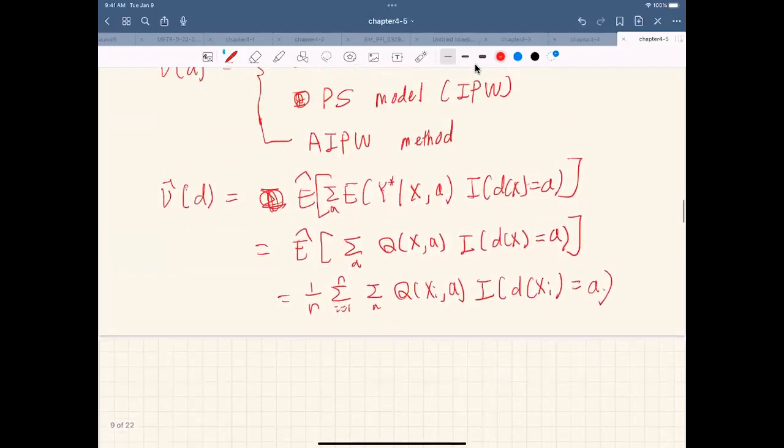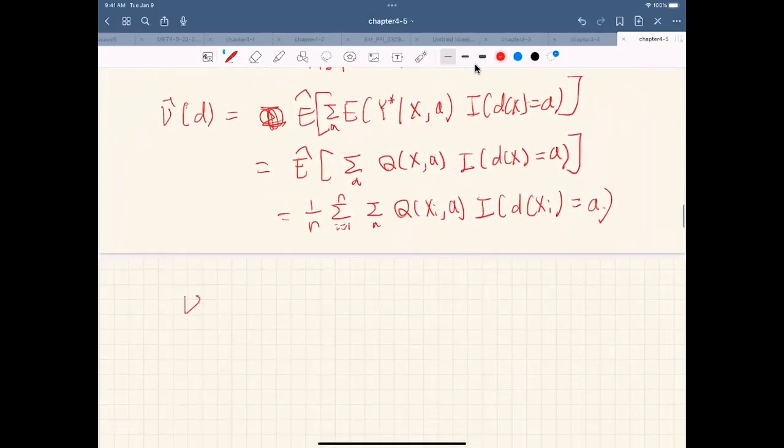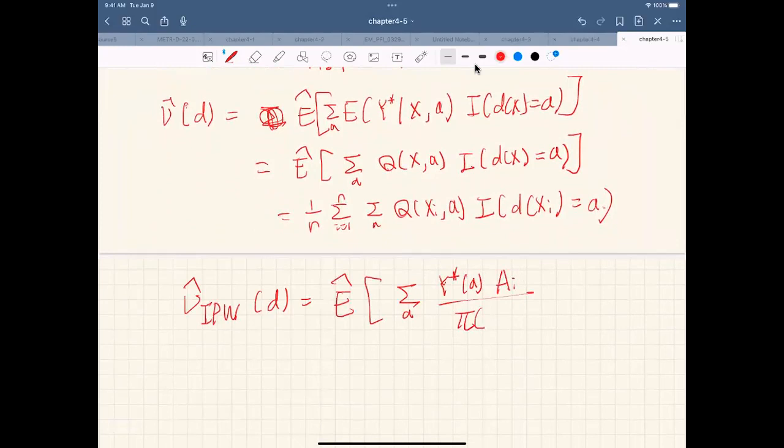The same way you can do IPW. Then you basically use the different A. I guess there's no I actually at this point.